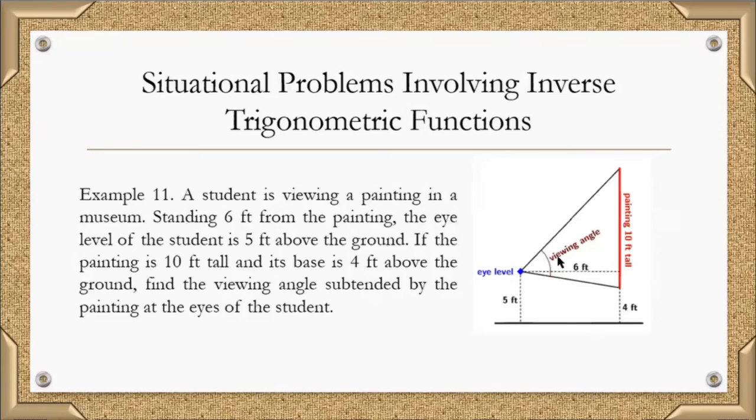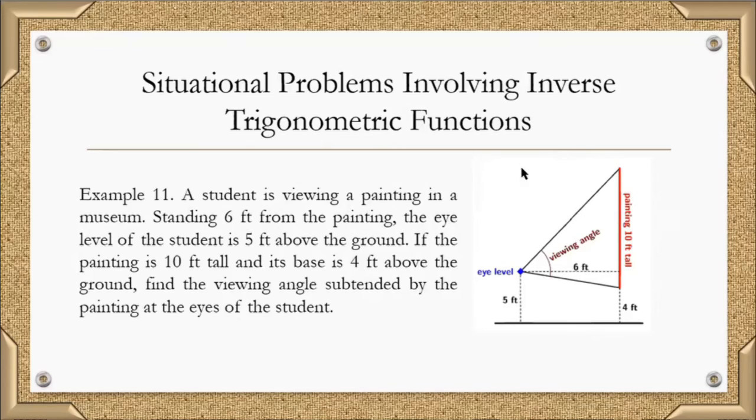Yun yung kanyang viewing angle. Then syempre ang kapantay niya ay sea level, ayan, okay. Standing 6 foot from the painting. Yung distance ng student dun sa painting ay 6 feet. So, ang question ngayon, find the viewing angle subtended by the painting at the eyes of the student. Ayan. Yung viewing angle niya.